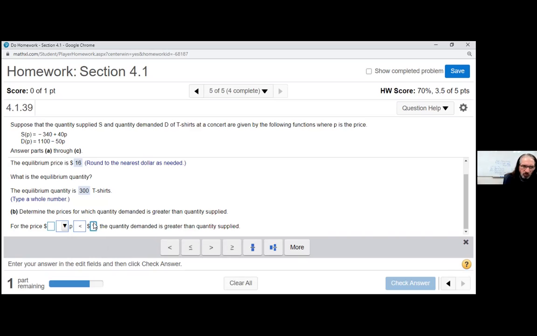So P less than 16 is what I came up with. And I don't know why it's not letting me check the answer. Well, okay, there is a minimum there. Price of 0, less than or equal to.